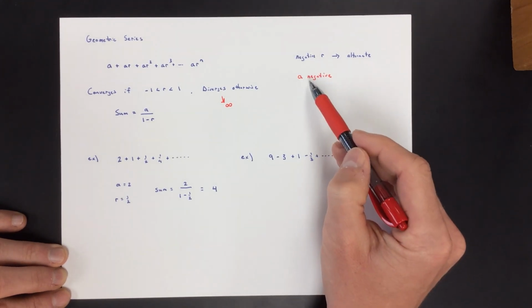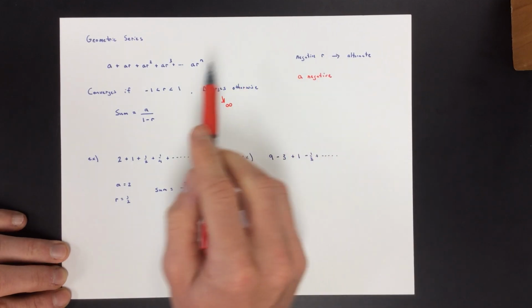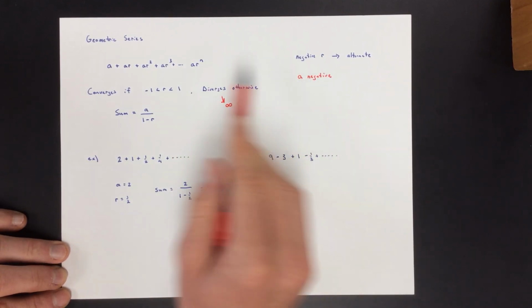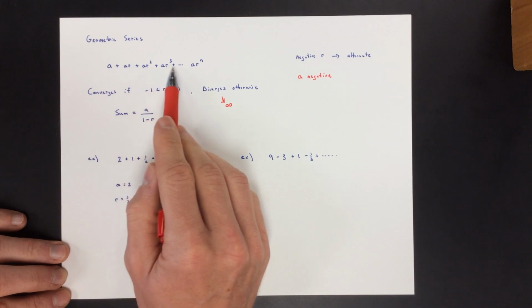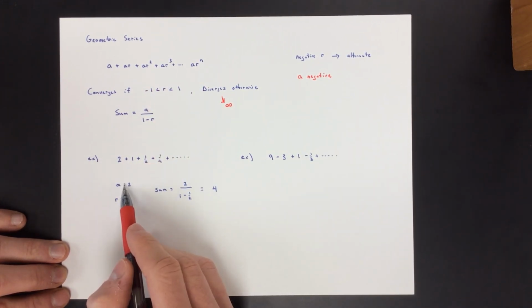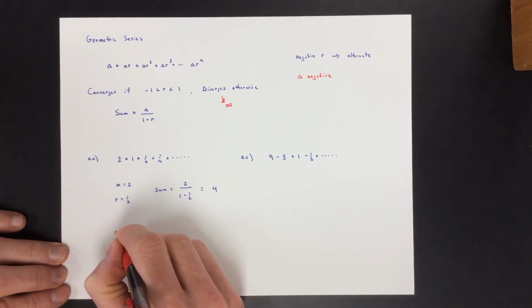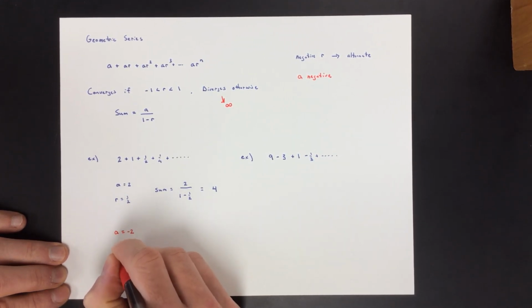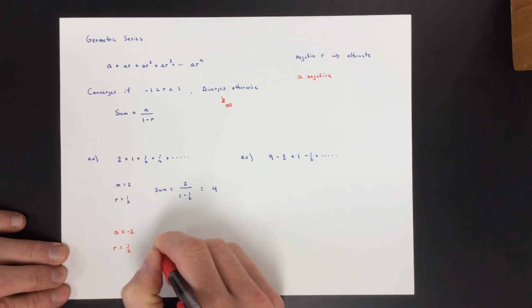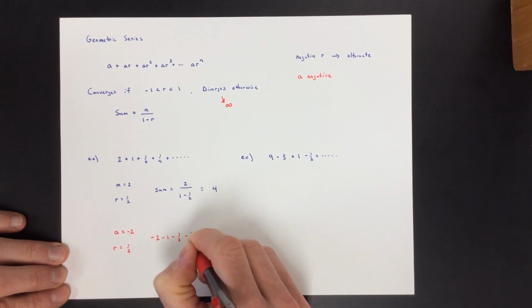What if it was a negative A and a positive R? If R is positive, then it doesn't alternate, and if A is negative, all the terms would just be negative. It'd be like taking this, making A negative 2 with R a positive half, and then we get this exact same series. They're just all negative.